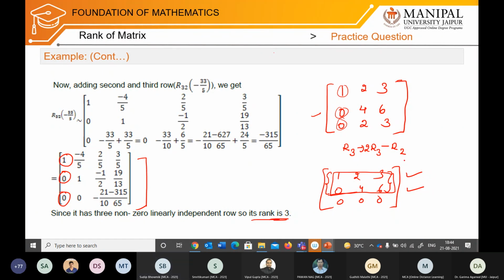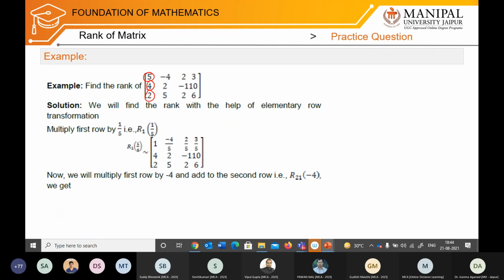Okay. So your first target, I mean, how you can start the question, right? Some strategy should be in your mind, that what transformation I should use. So the strategy is to convert this element into 1, convert these two elements into 0 if you are using row transformation.